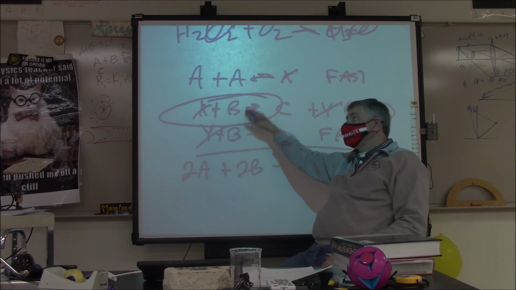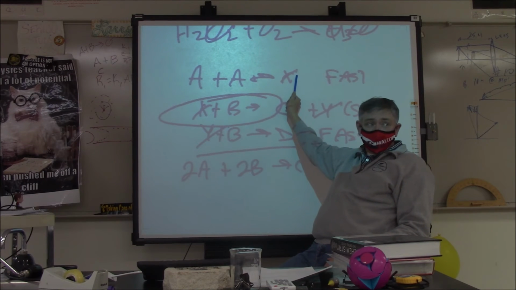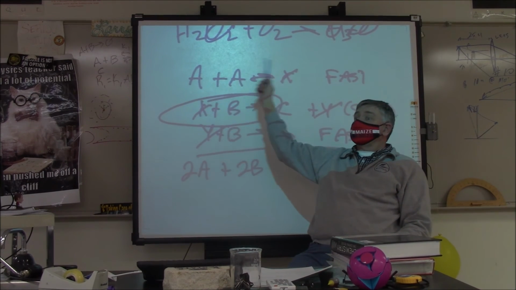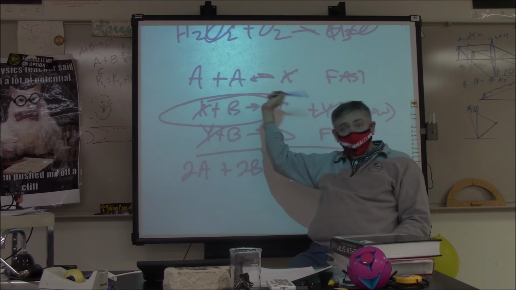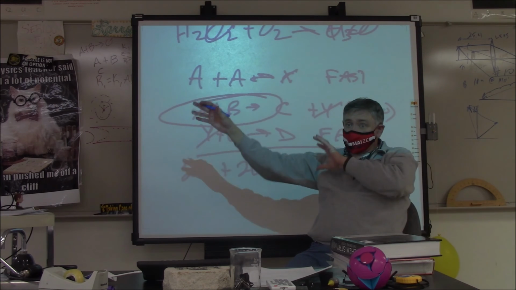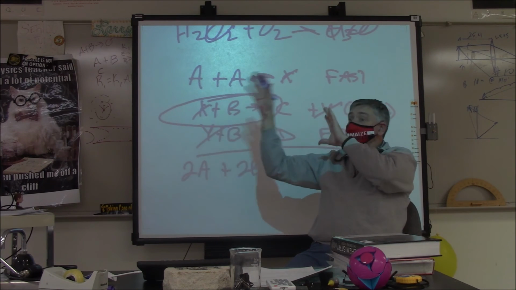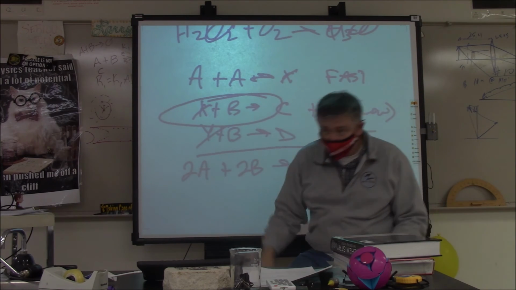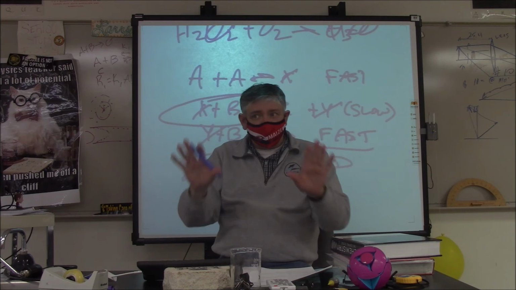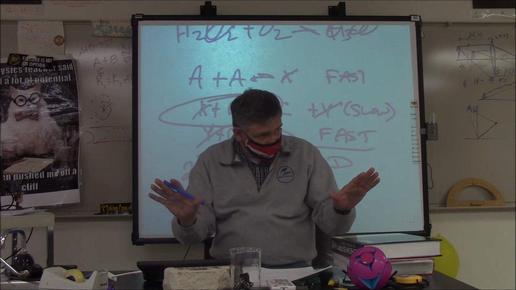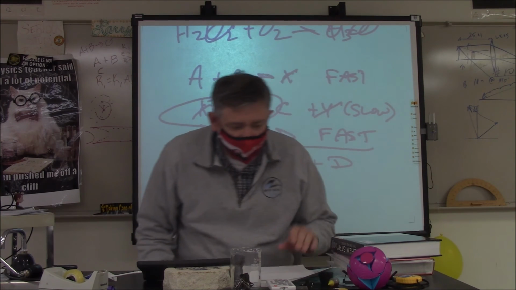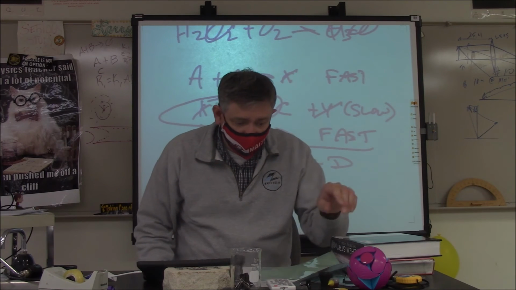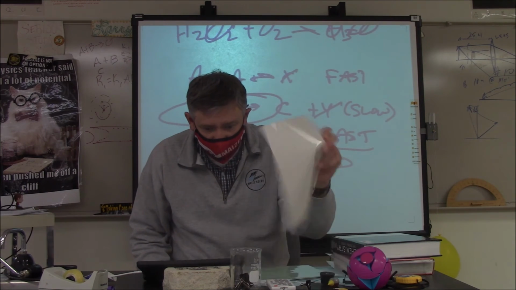If I back up X enough, I start to establish a new equilibrium where I'm making X from A and A, but X is also decomposing back into A and A. Okay? You've kind of got the idea of how intermediaries work. Now, let me go through one big thing and then we'll call it good.